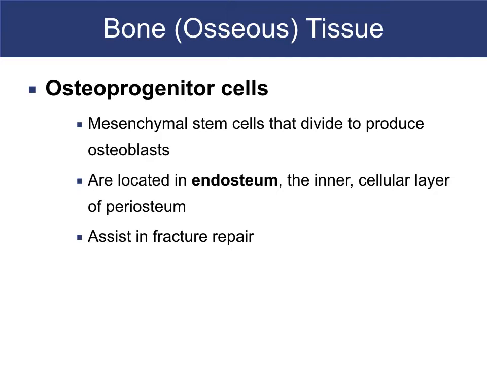Where are they found? Oh, yeah, they're found in the endosteum. What do you think endosteum means? Inside the bone, really on the outside of the marrow. So that inner lining of the bone, right here, is called the endosteum.